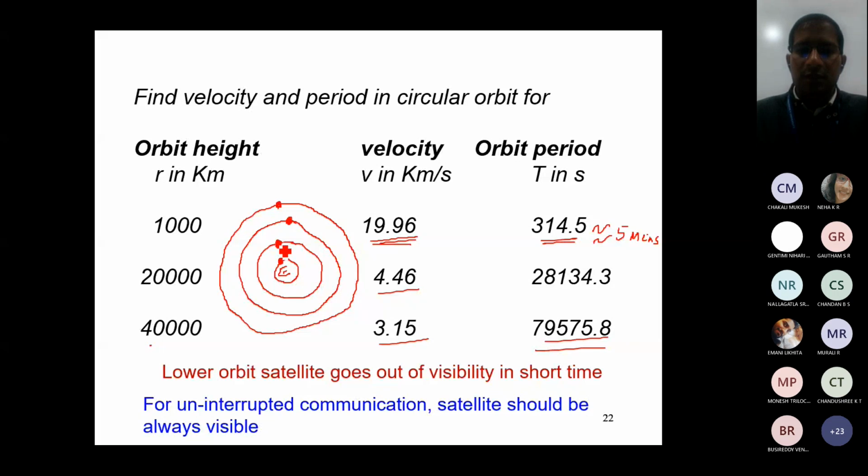Since the satellite takes 5 minutes to make one revolution, after 1 minute the satellite will be somewhere here, next minute here, next minute here, next minute here, and in 5 minutes it will come back to this position.